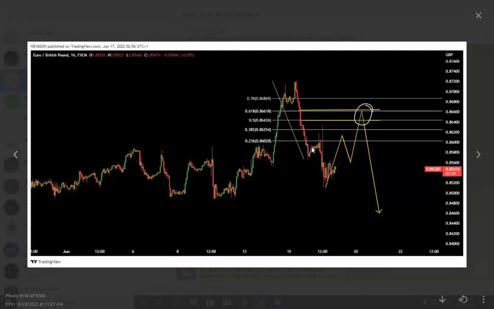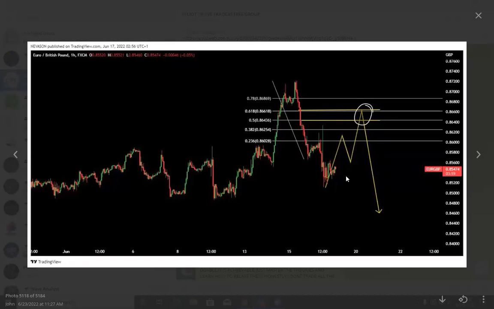I came to the 1 hour time frame, and I made it clear to you in this chart that I'm expecting this market to come down to 50 to 61.8. But this was a tentative structure, because I have not understood the kind of corrective structure that is going to launch this pair to 50 to 61.8.